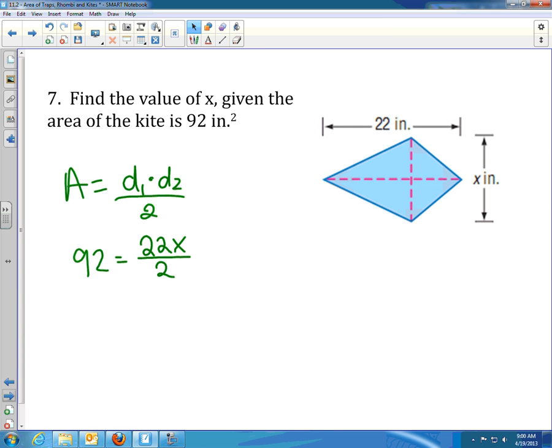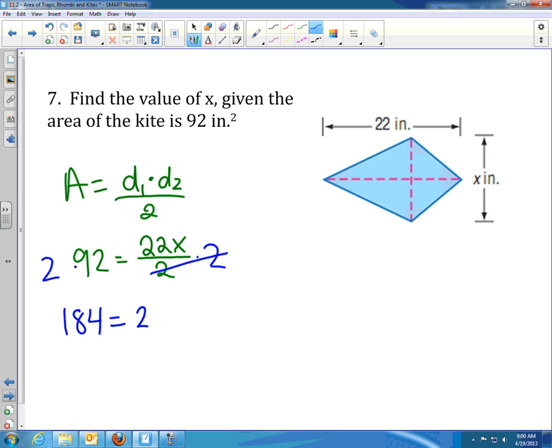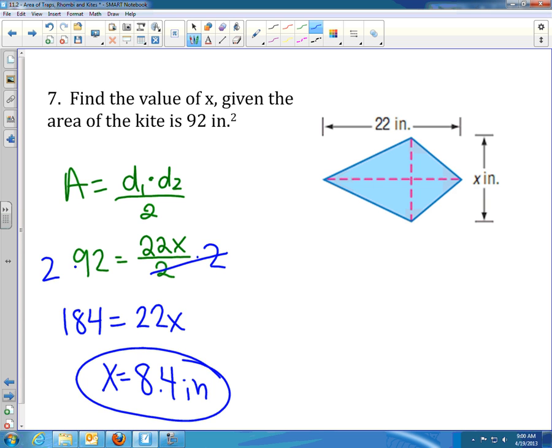If we simplify that, we're going to multiply by 2 on both sides. So we get 184 equals, now remember that just cancels that out, 22x. We want x by itself, so go ahead and divide both sides by 22. And we get 8.4, and this one is going to have a label of inches.